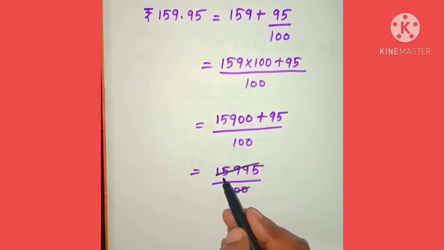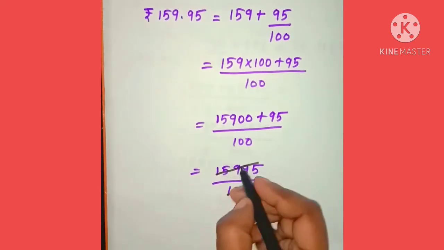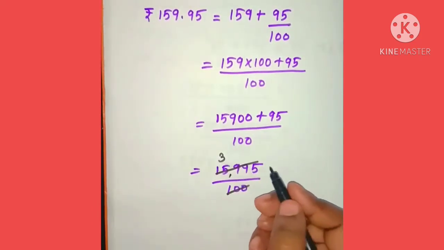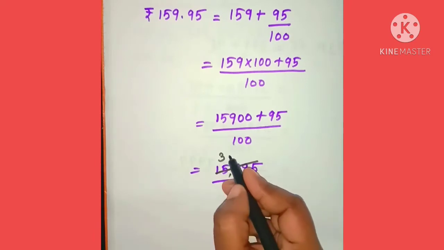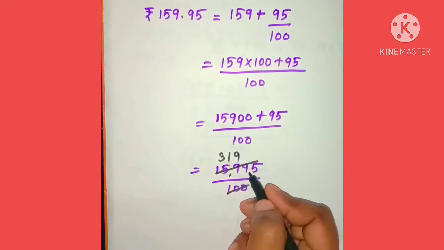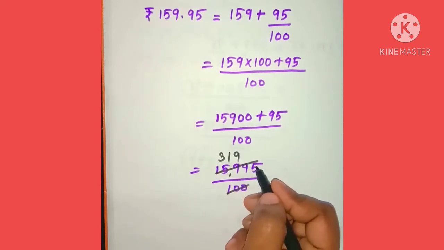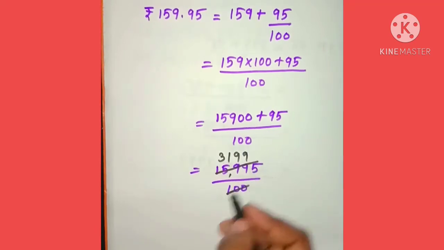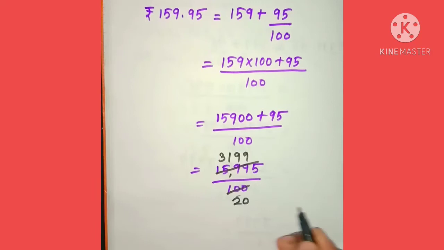Cancelling the numerator and denominator using the table of five: 3 fives are 15, 9 minus 5 is 4, 49, 9 fives are 45, and the denominator is 20.